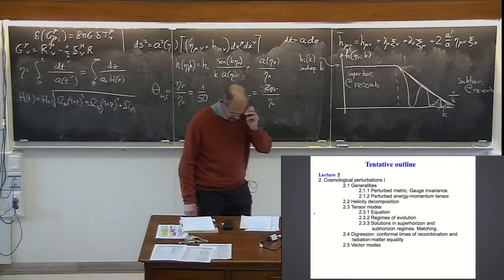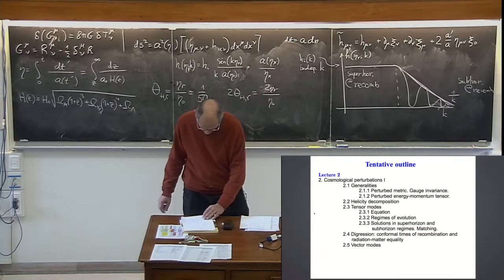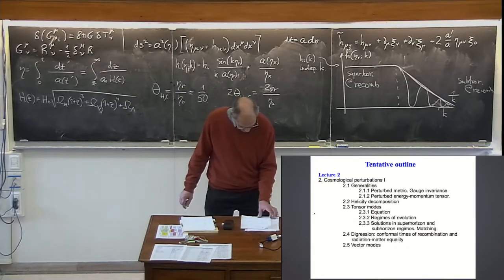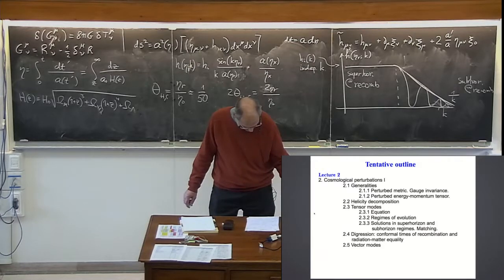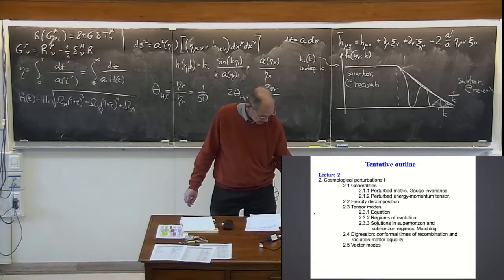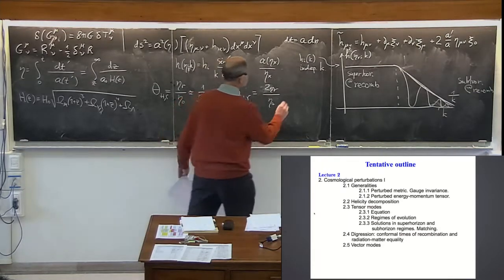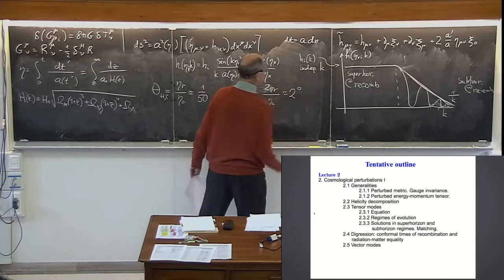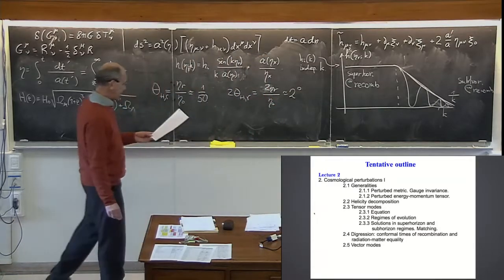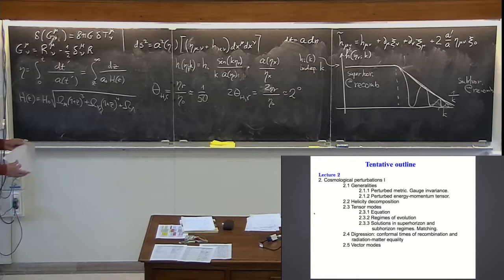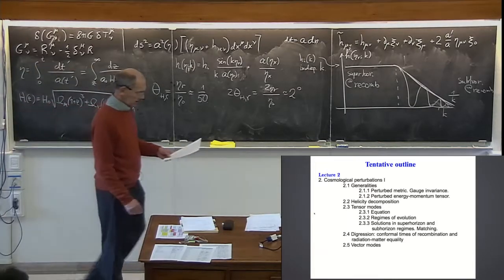That's what I wrote to you yesterday, that this is 2 degrees. Am I right? Yeah. That's about 2 degrees. Okay, so the overall size of the causally connected region at recombination is seen at 2 degrees.